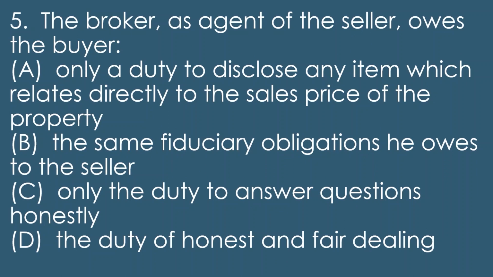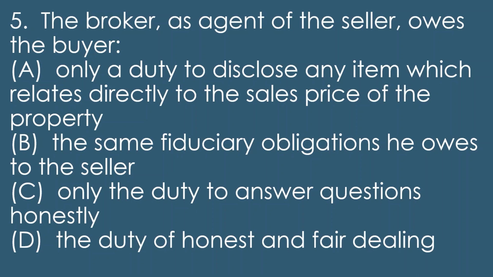Question number 5. The broker, as agent of the seller, owes the buyer: A, only a duty to disclose any item which relates directly to the sales price of the property; B, the same fiduciary obligations he owes to the seller; C, only the duty to answer questions honestly; D, the duty of honest and fair dealing. So the broker is agent of the seller.